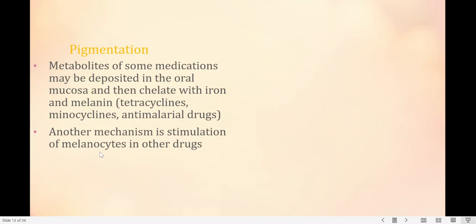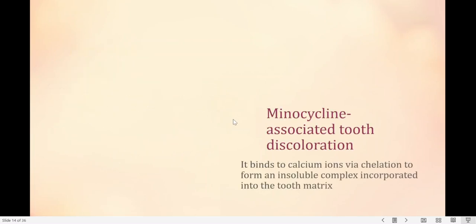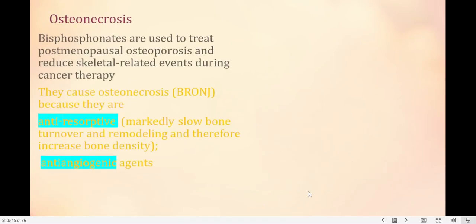The other mechanism for causing this pigmentation is that they cause stimulation of melanocytes. So, minocycline, for example, is a very important antibiotic that is given for many patients with periodontal disease, and it may cause tooth discoloration as it binds to calcium ions via chelation to form an insoluble complex incorporated into the tooth matrix and then causing pigmentation.